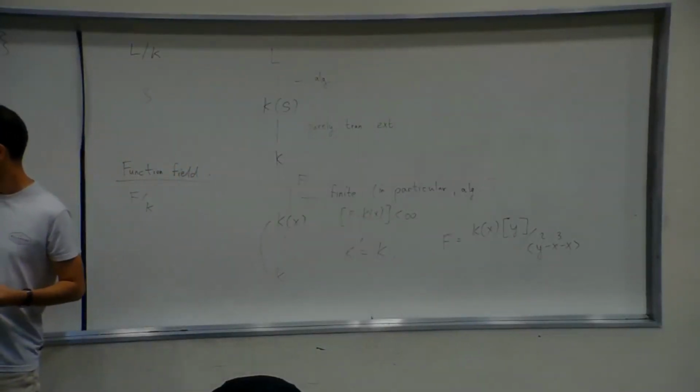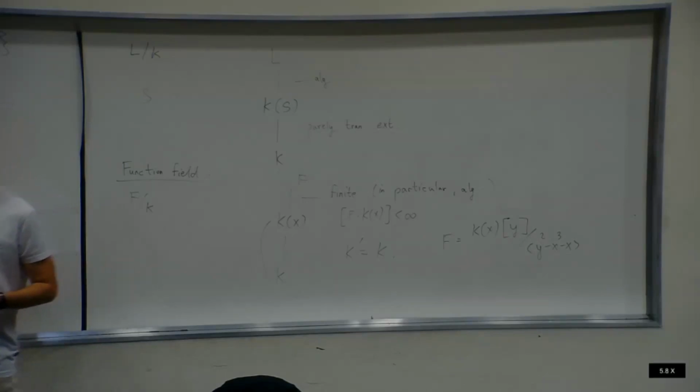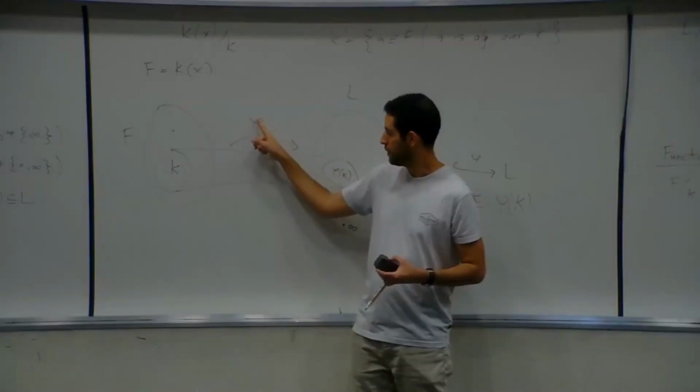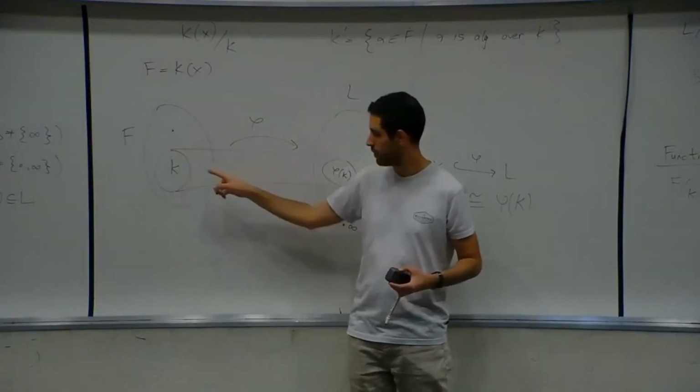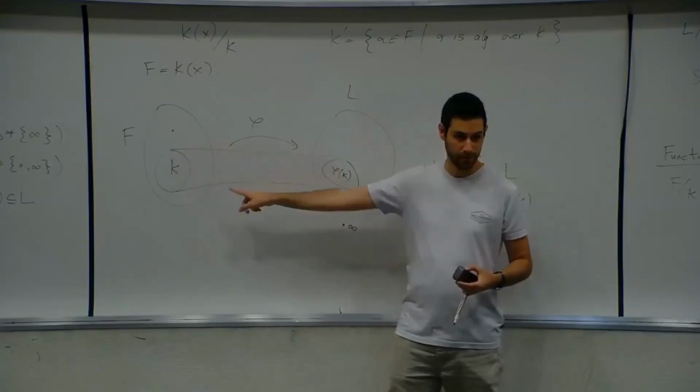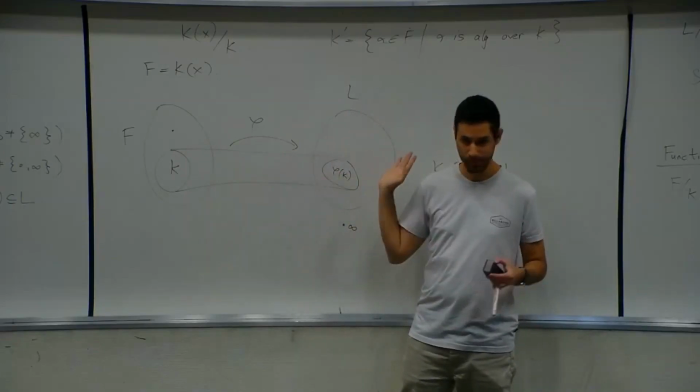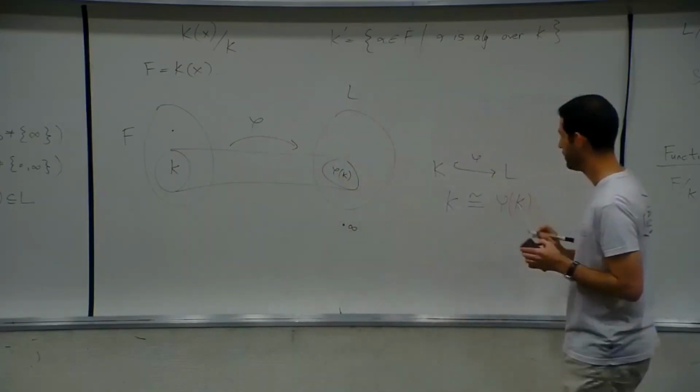So we will, without loss of generality, think of phi of K just as K, and we will think that phi is the identity on K. So every element of K is mapped to itself under this identification. Good.